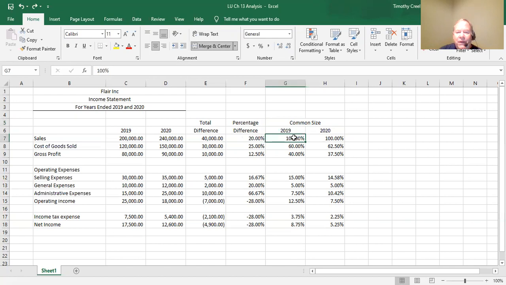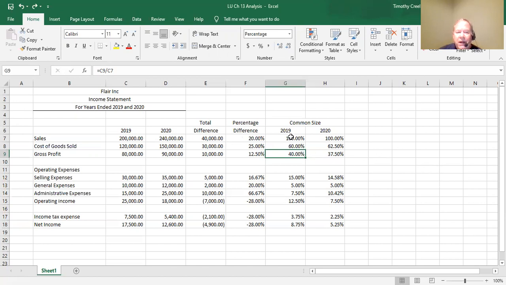So you see, for example, that sales again is 100% in both years. And for example, cost of goods sold is 60% of sales. Gross profit is 40% of sales. Every number on the income statement is examined as a percentage of sales.